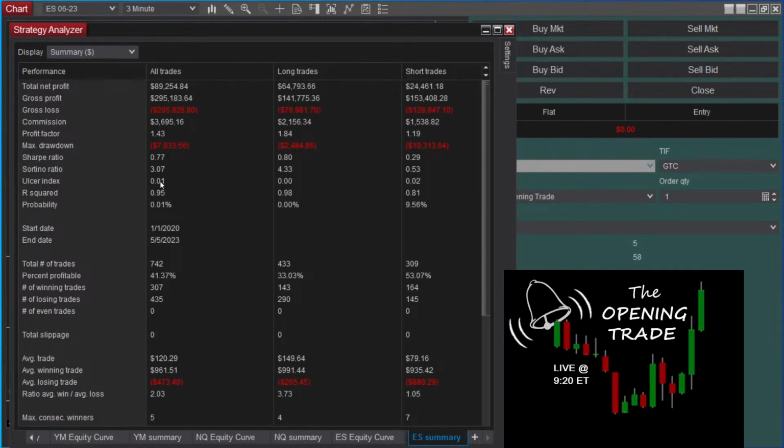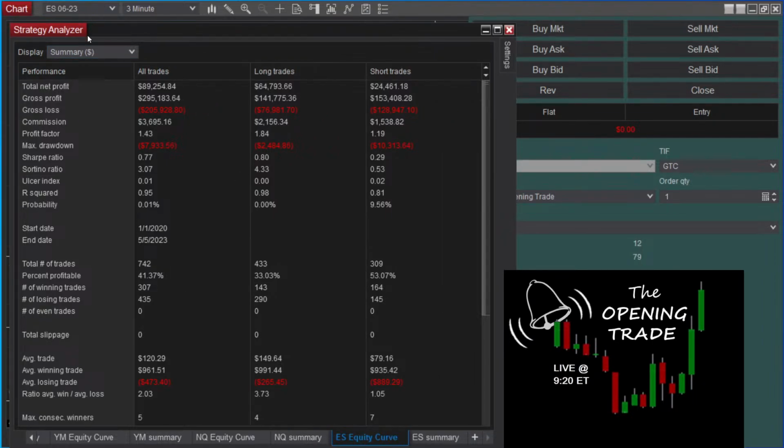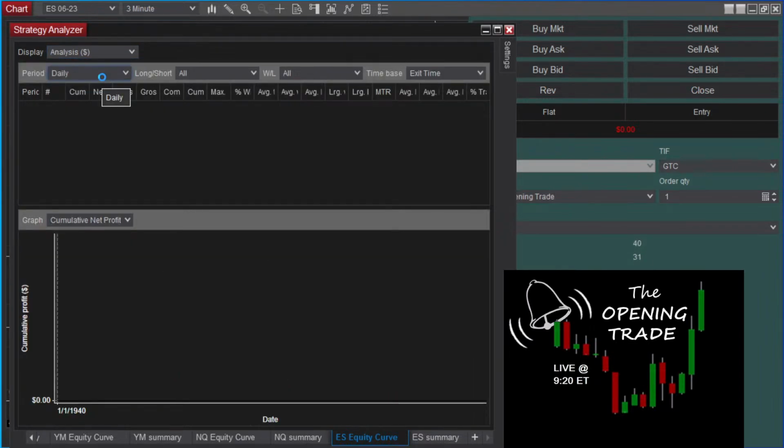And last but not least, we'll take a look at the S&P 500. Here we see the start and end date, the max drawdown, the gross loss, and the total net profit. And get that equity curve chart trying to pull up here.